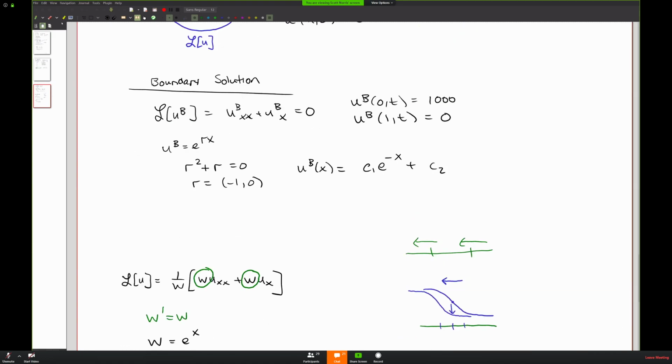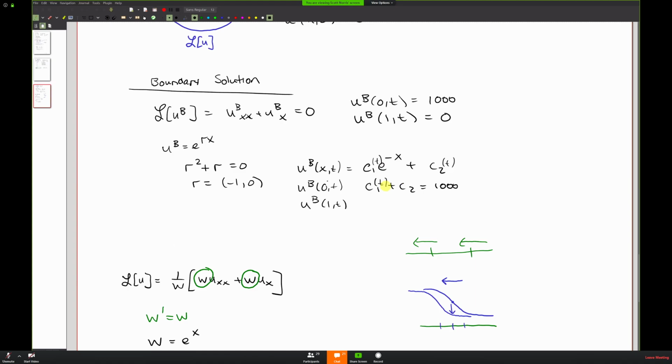Okay, now I satisfy my boundary conditions. UB of 0 is going to be C1 plus C2, and that has to be 1,000. And UB of 1, technically these depend on time.